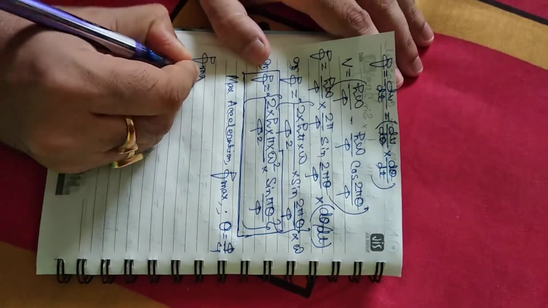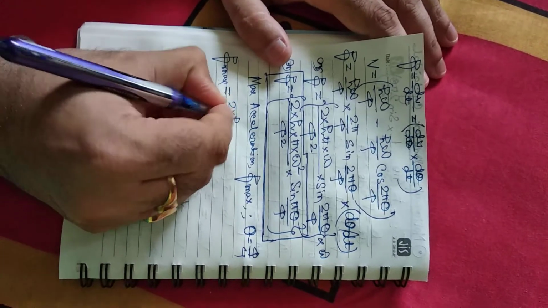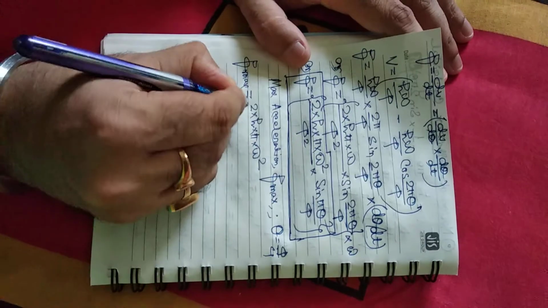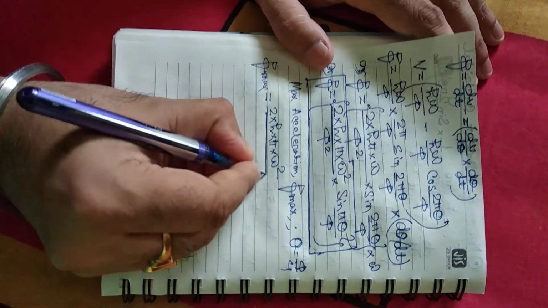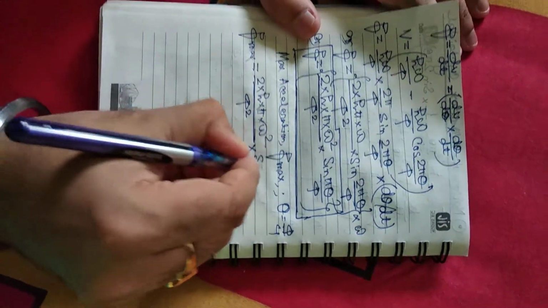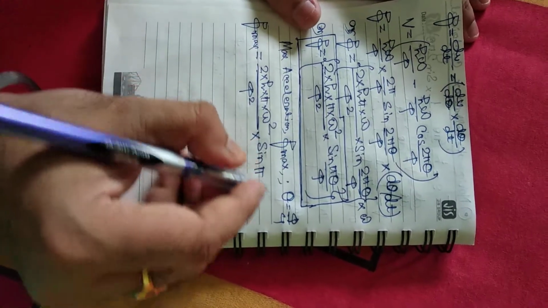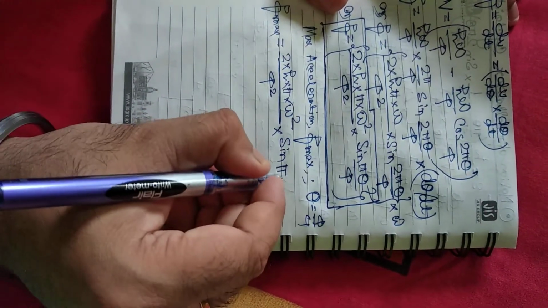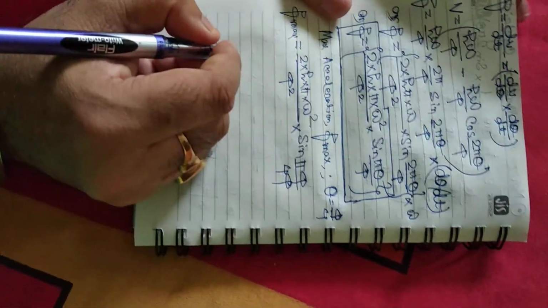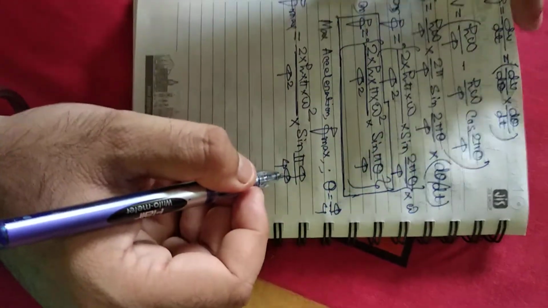Then f max equals 2 into h into pi into omega square divided by phi square into sine of 2 pi theta by phi.